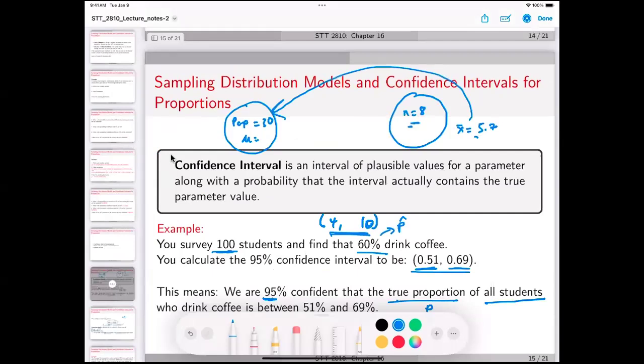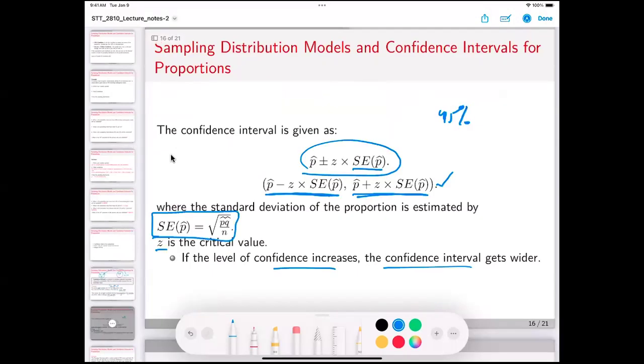The confidence level is what? 95%. Is that okay? You could also be 90%. You could be 99%. You could be 98%. So that is the level of confidence. And so if the level of confidence increases, the confidence interval gets wider.